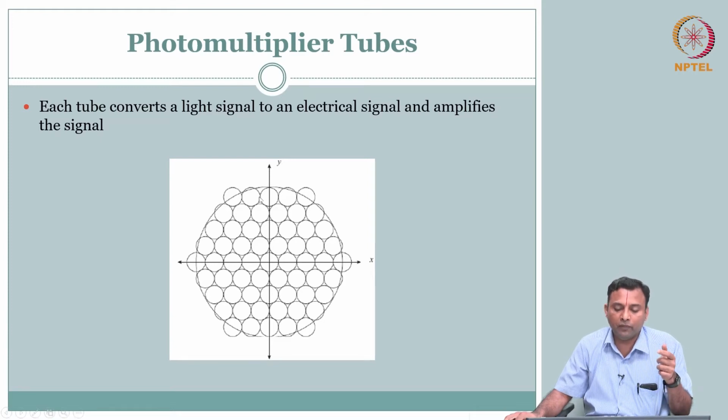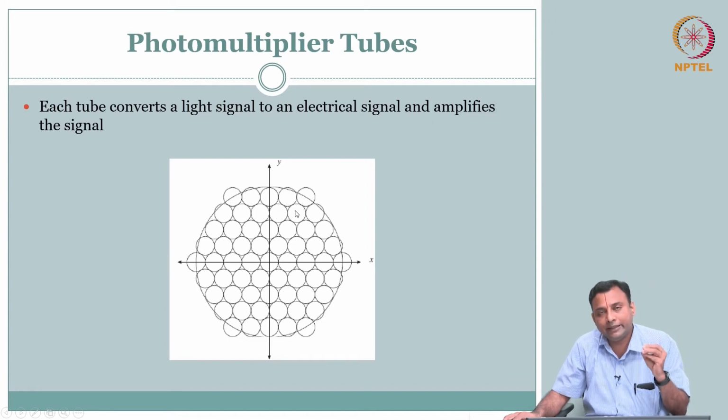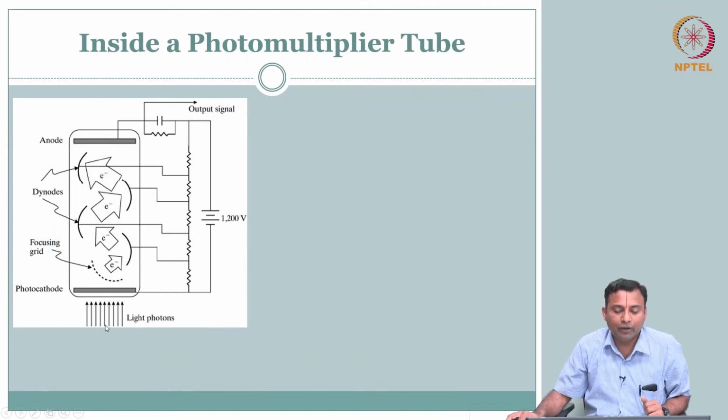Now we will see what this photomultiplier tube is. This is its configuration; several of them are arranged on the other side of the detector. When the light photon from the detector comes and hits the photodetector on one side, what comes out on the other side? That is what we will see. On one side the light photons come in, and it is going to hit your photocathode.